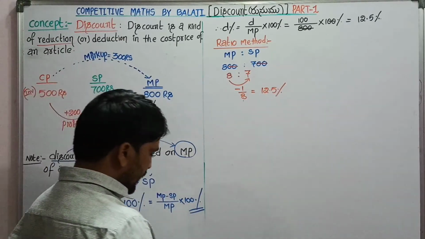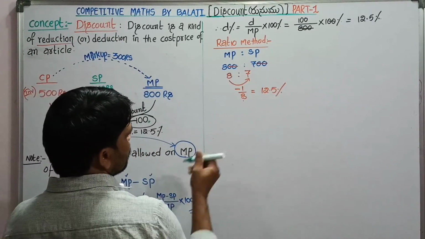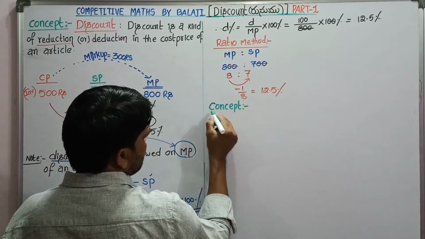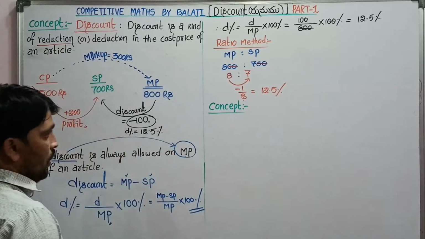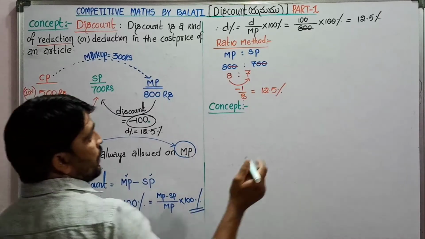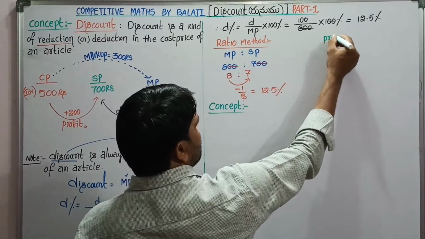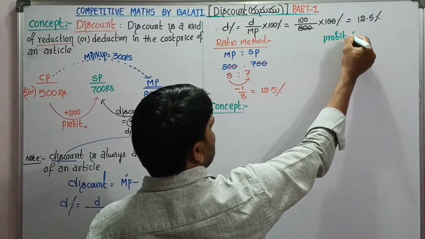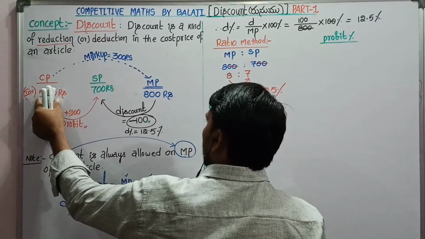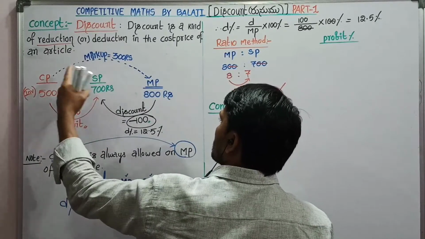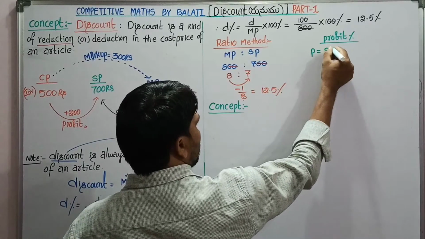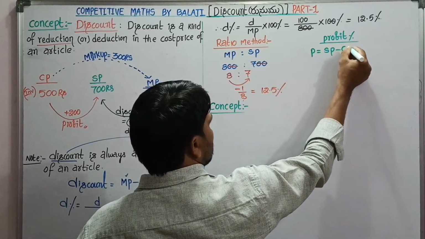Okay. Next concept. Let us find profit percentage. See here, profit percentage. Since profit is always calculated on CP and profit is the difference between SP and CP, profit is equal to selling price minus cost price.